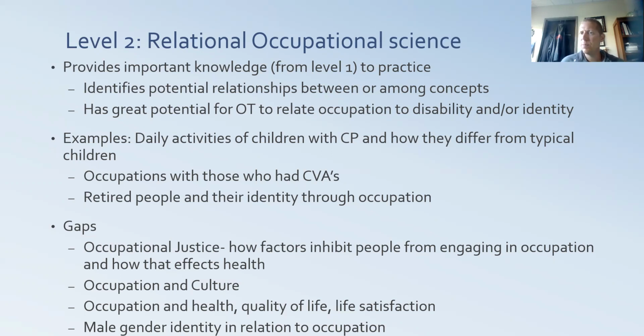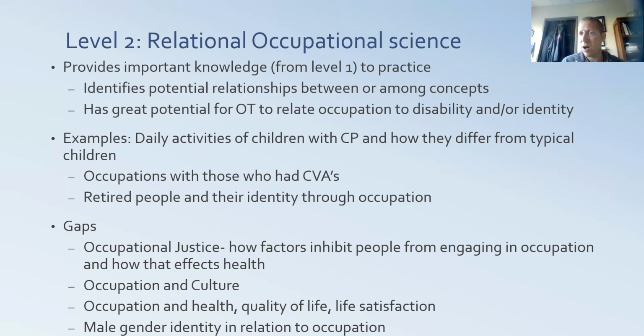There could be a whole study that could be more heavily studied: is male gender identity related to their occupation, their occupational choice, their occupational participation. So really, in level 2, relational occupational science, we're taking concepts from level 1, what is occupation, and we're applying that maybe to specific populations.